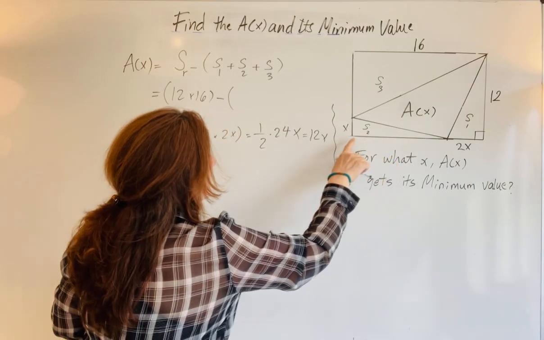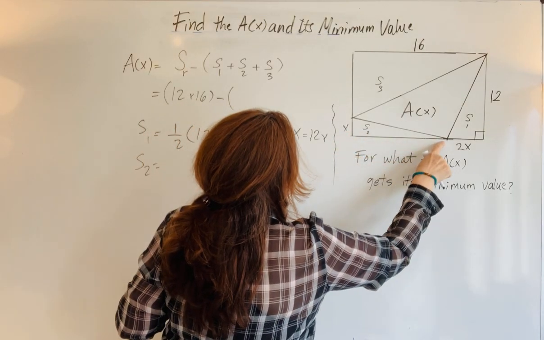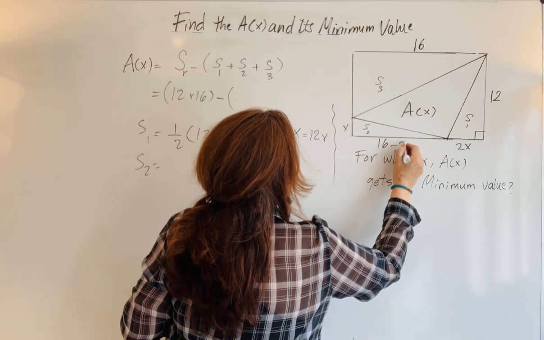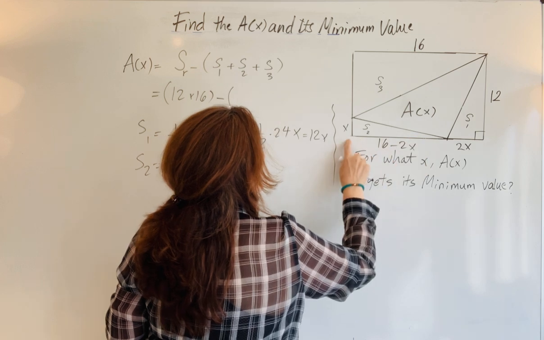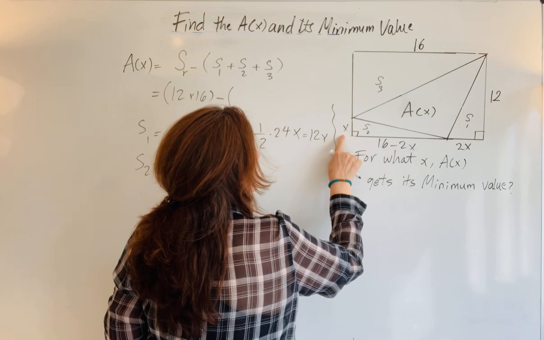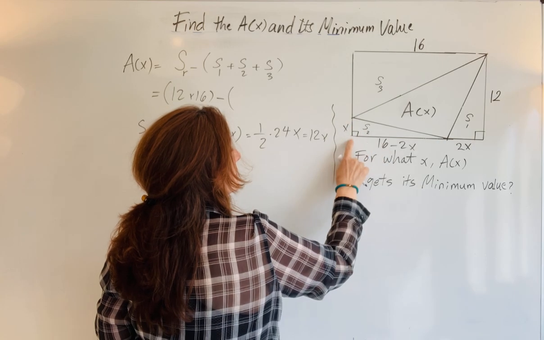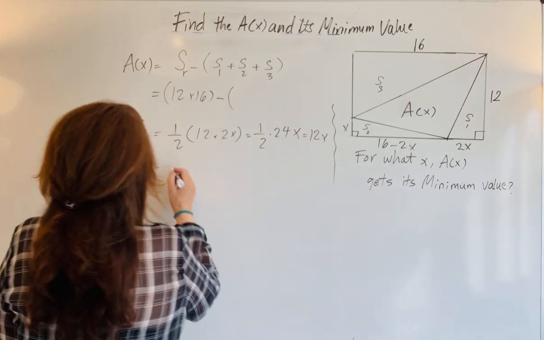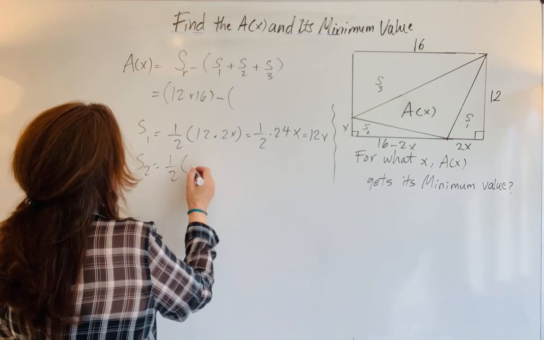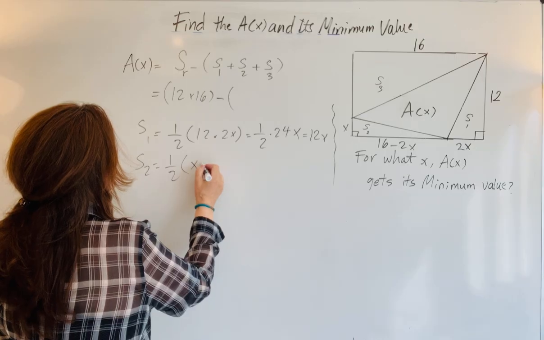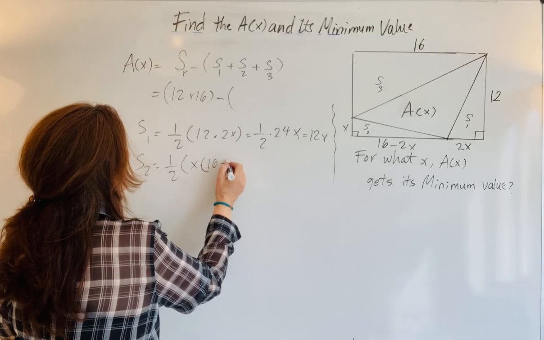How about S2? Triangle S2, one side is x and the other one is what? Everything is 16. This is 2x, so from here to here is 16 minus 2x. And this one is x. And we know that this is a right triangle, so this times this divided by 2: 1/2 of x times 16 minus 2x.